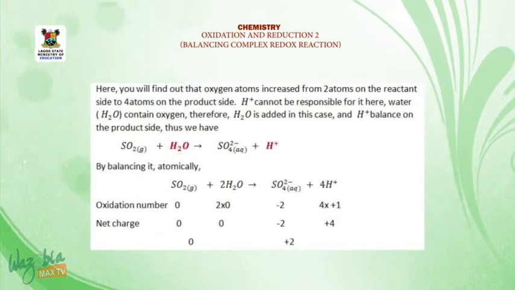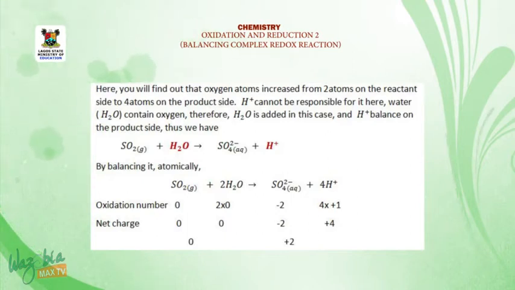Here, you will find that oxygen atoms increase from 2 atoms on the reactant side to 4 atoms on the product side. Hydrogen ions cannot be responsible for it here. Water contains oxygen, therefore water, H2O, is added in this case, and hydrogen ion balances on the product side.